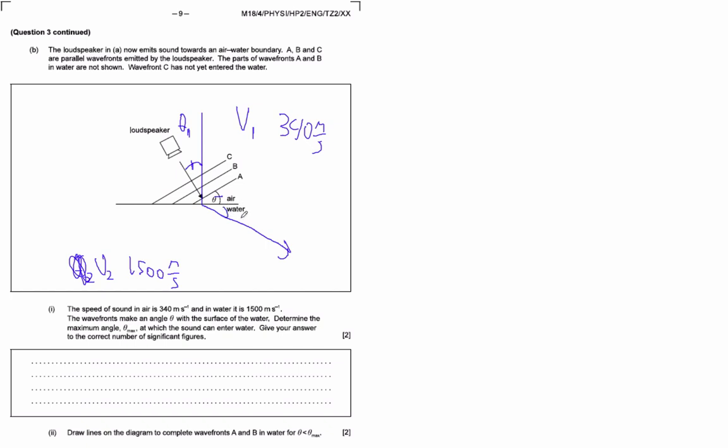And then here, we'll call this angle here theta 2, okay? If this thing is speeding up, remember that this angle here gets bigger and bigger and bigger. When this reaches 90 degrees, the sound can no longer enter the water. When that equals 90 degrees, when this refracted angle, that's what it is, right?